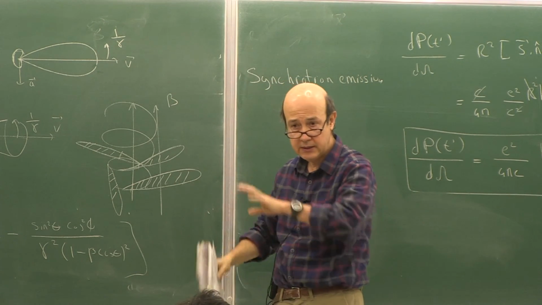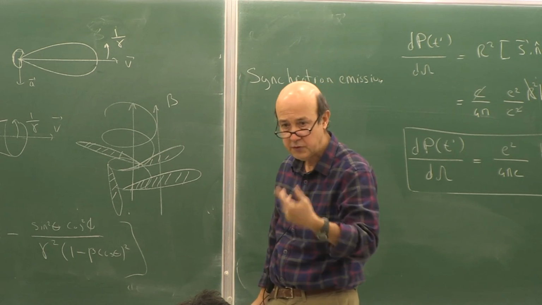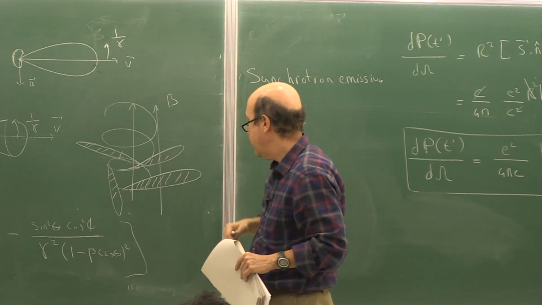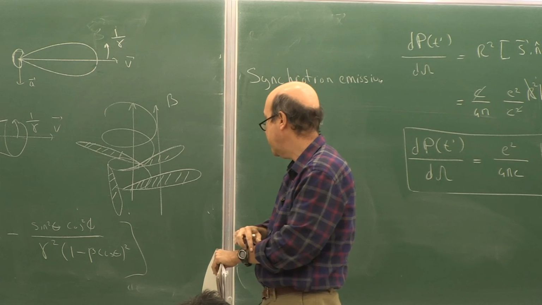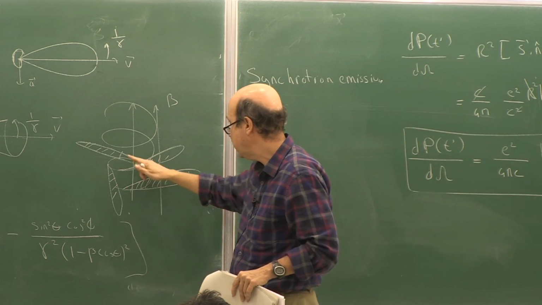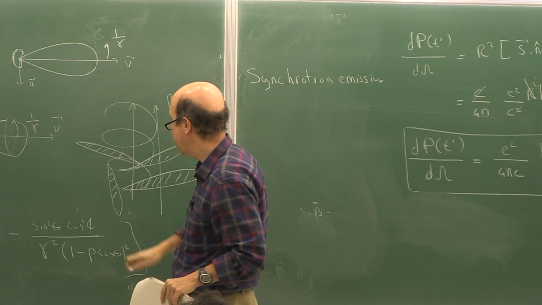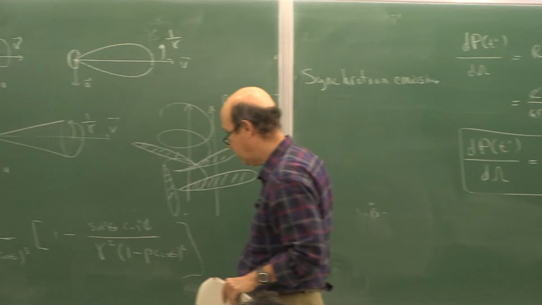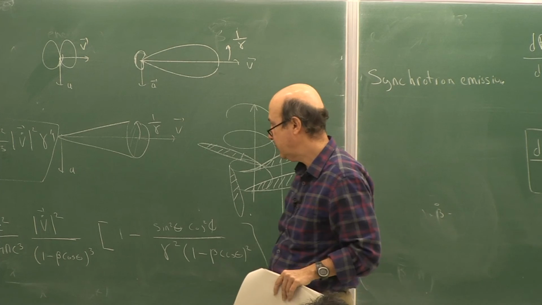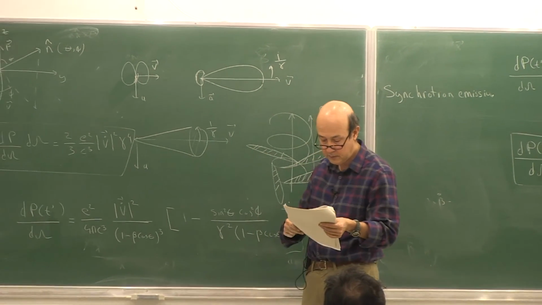Cyclotron means a relativistically moving charge under the influence of the magnetic field. If the charge is moving relativistically under a uniform magnetic field, the emitted pattern will be in the forward direction. The emitted angle is proportional to 1 over gamma. This formula is telling this. You can work on this and show that the maximum value of theta is related to 1 over gamma.